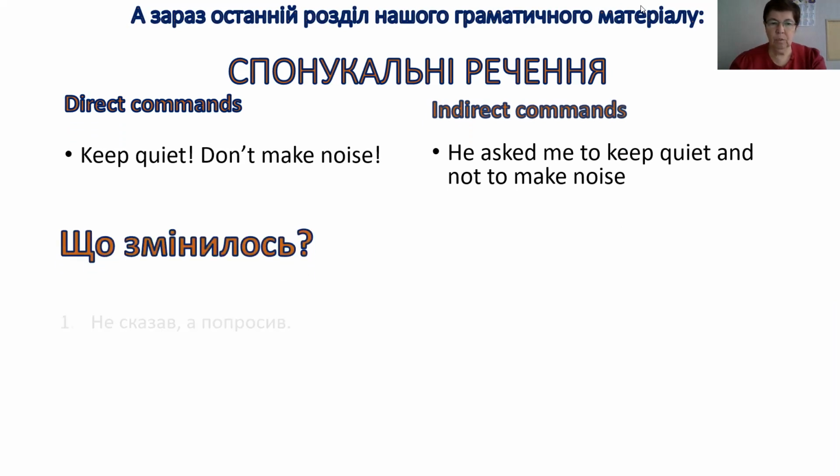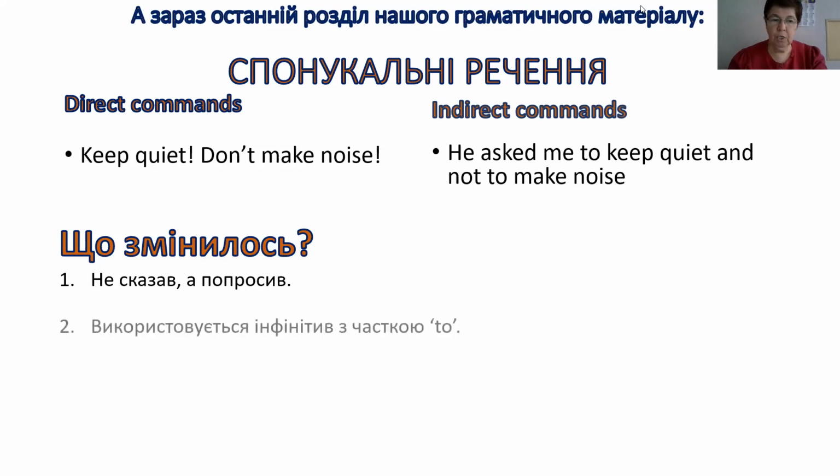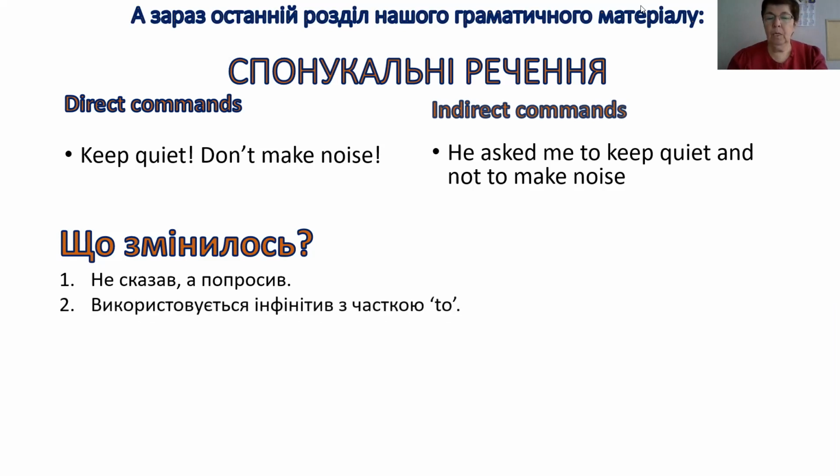Що змінилось? Перш за все, не сказав, а попросив. We cannot say in English "say", we have to say "ask". Politely ask is very good for English. The second change is we use infinitive with the particle to.